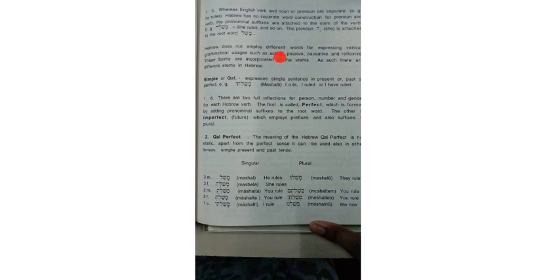Like in English, active is he rules, and passive is he is ruled. But in Hebrew, there is no such separate sentence, but it is attached in the root word. As such, there are different stems in Hebrew.